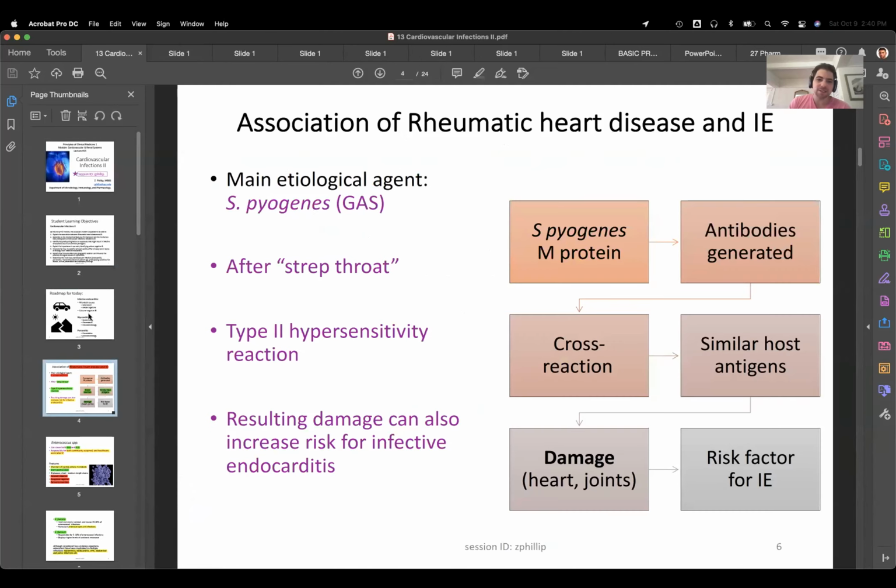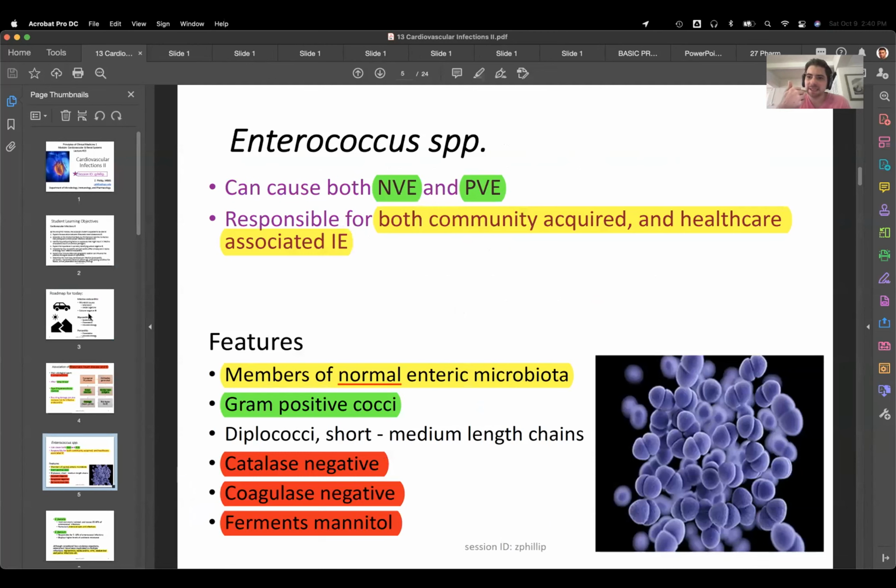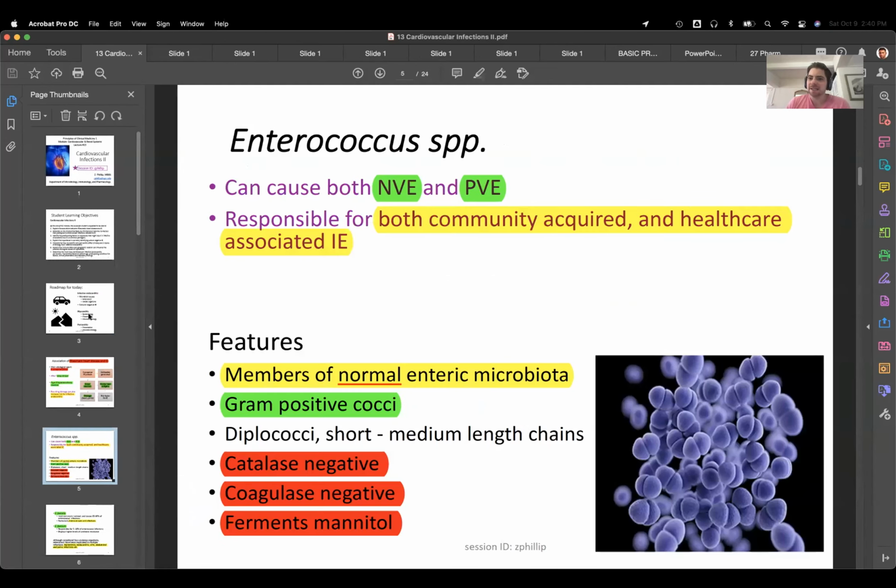Yeah, so rheumatic heart disease. Remember, you have typically a kid who had a recent sore throat, and a week or so later is getting heart problems. It's that molecular mimicry. Remember, when you test these kids to see if they have rheumatic heart disease, they will not have strep pyogenes in their blood, okay? The blood cultures will come back negative.